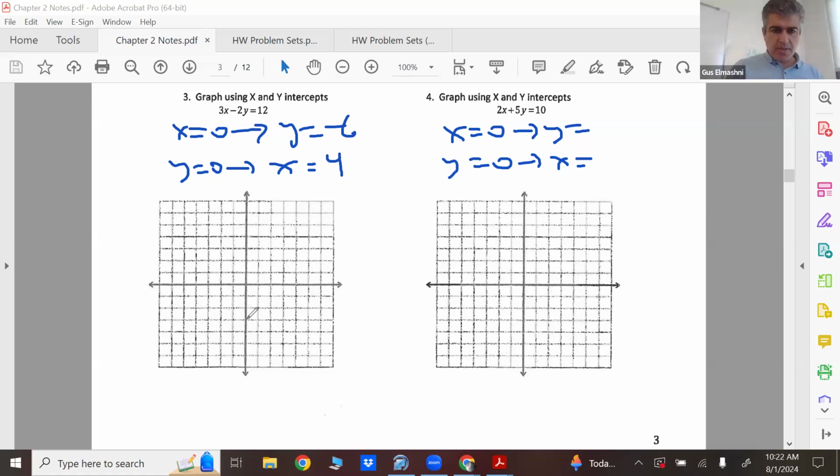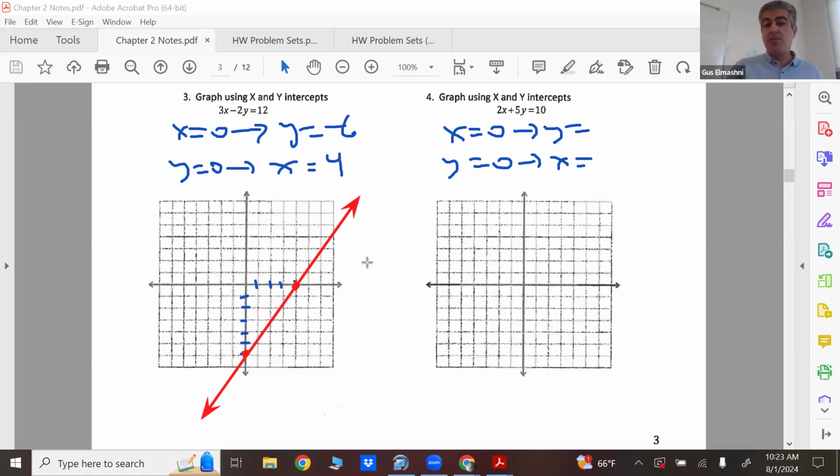So 0, negative 6, and 1, 2, 3, 4. So you have a point right here, and a point right here. I'm going to be a little smarter about this. Oh, look at that, so much nicer. There we go.